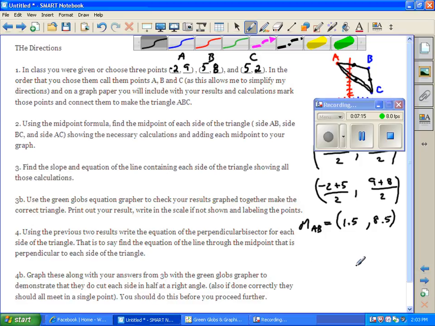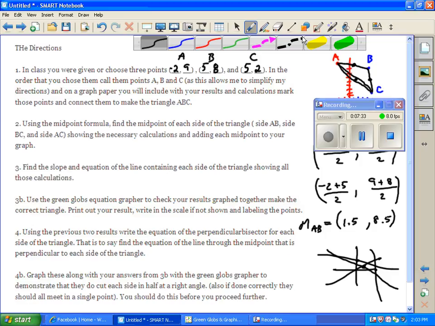So you're going to have a picture that looks like this, and then you're going to have another one that has all the perpendicular bisectors in there cutting each side in half. Okay, you should do this before you proceed further.